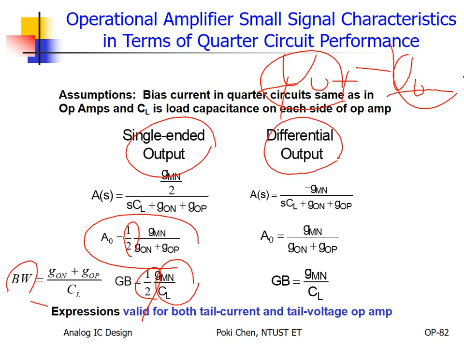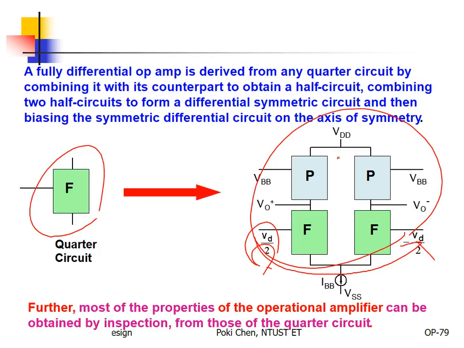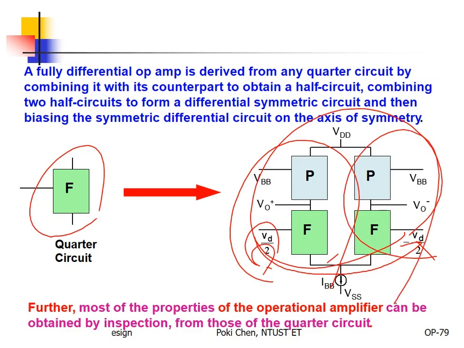Why are the magnitudes the same? Go back to see what happened. Here is for the left, and that is for the right. They are exactly the same. We only flip the circuit to the right. So the gain here should be exactly the same there.